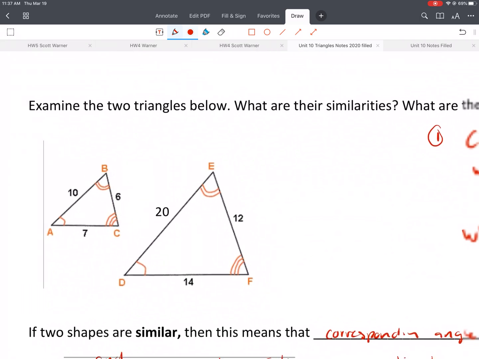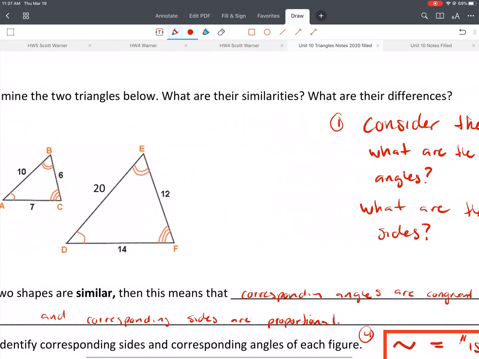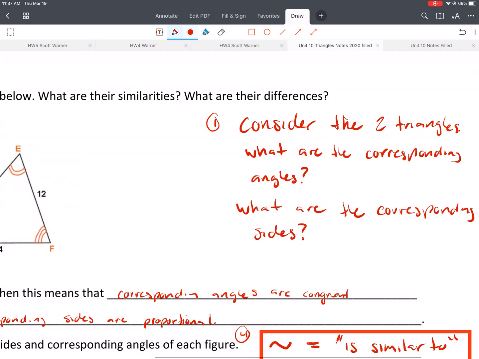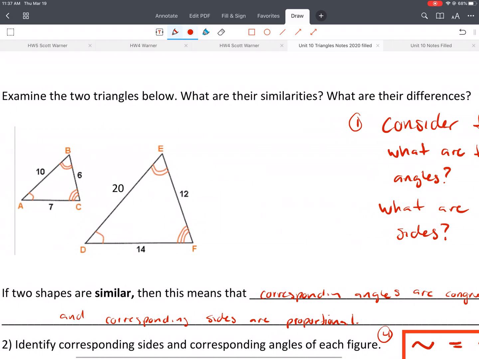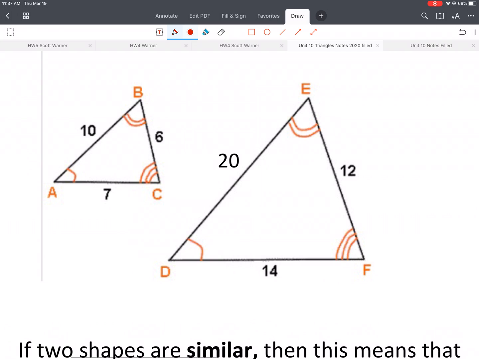All right. So let's talk about triangle similarity. Okay. Here we have two triangles, and let's first talk about looking at those two triangles. What are the corresponding angles? Okay, so corresponding angles means that for angles, they have to be the same. So these symbols here, these little lines, like here we have 1 and 1, those are the corresponding angles.